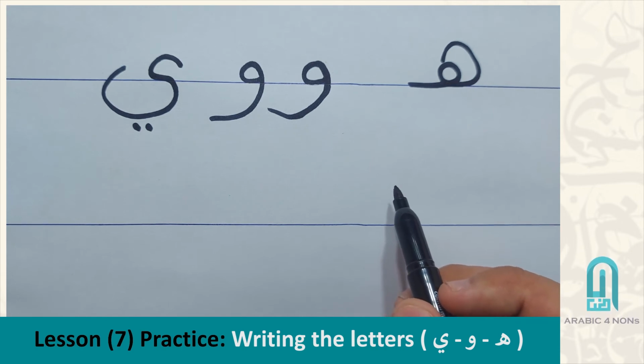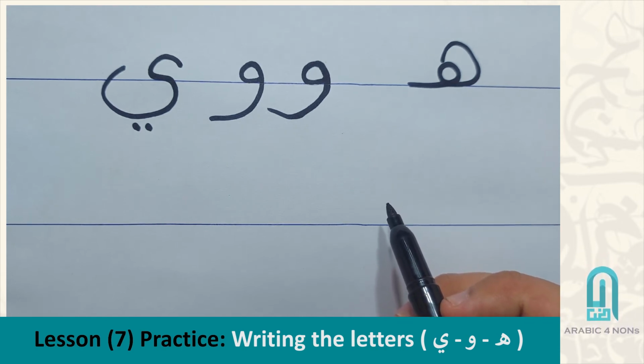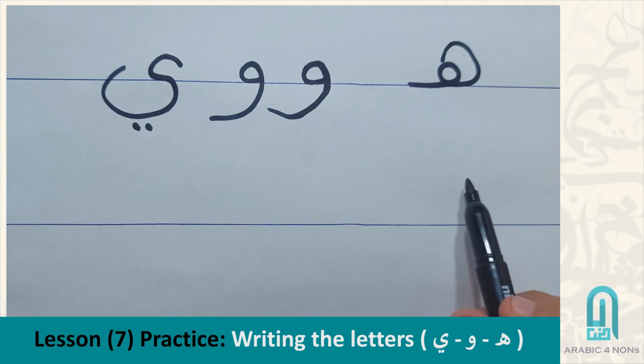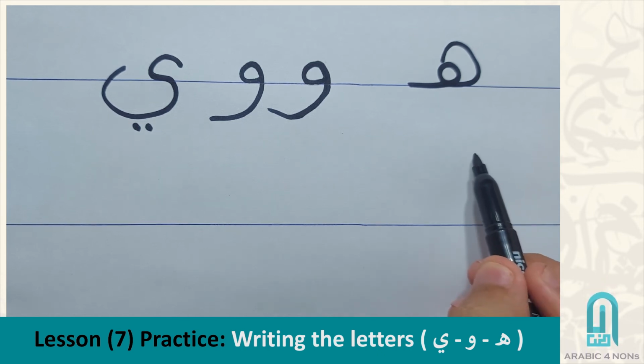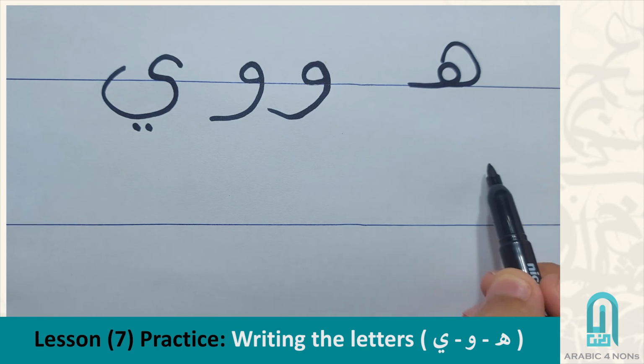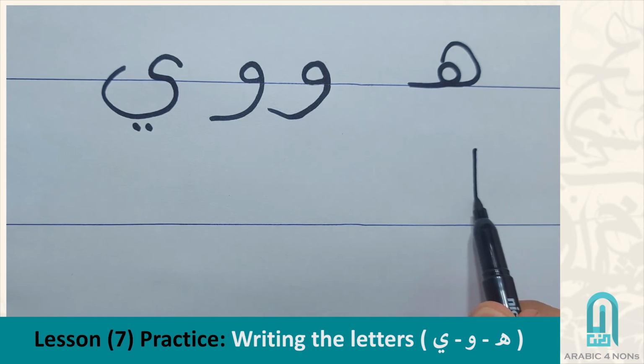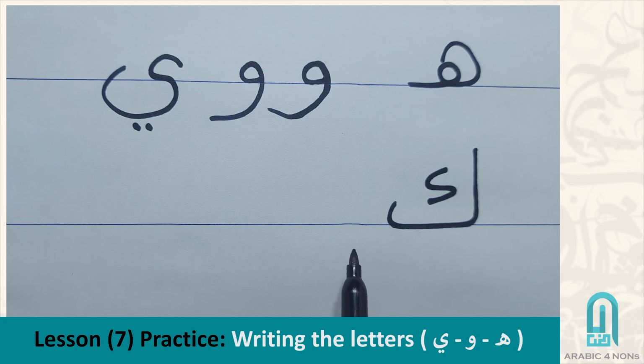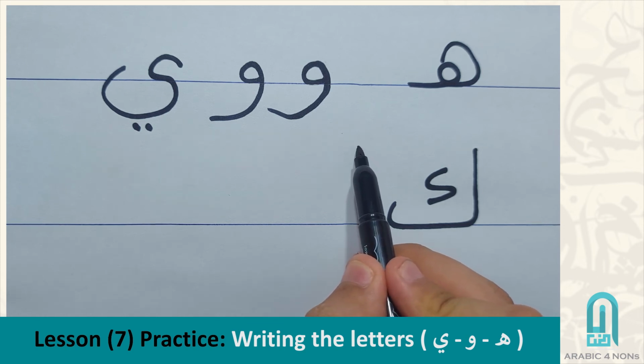Now, let me do again the 4 letters we did in the previous practice. Do you remember? Letter K, I will start from up, straight vertical line down, and a boat. Look at that. And then we do this K shape, like this. The second one, letter Le, the same vertical line from up to down, and then a circular curve below the line. Look at this.